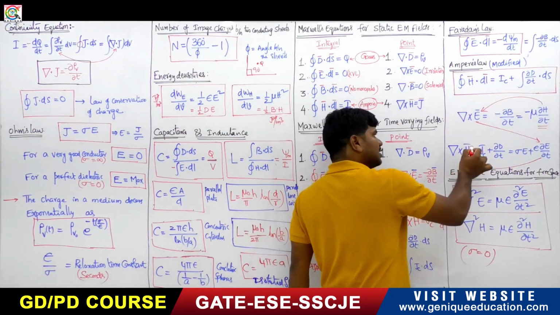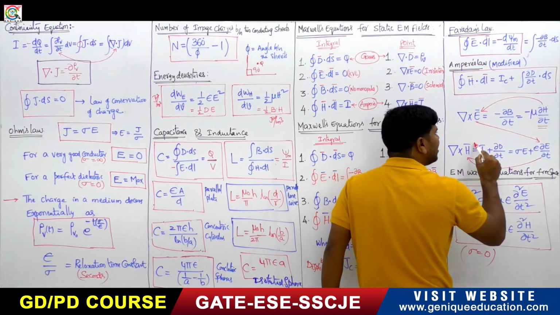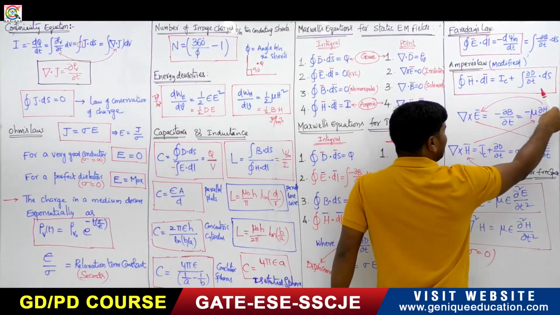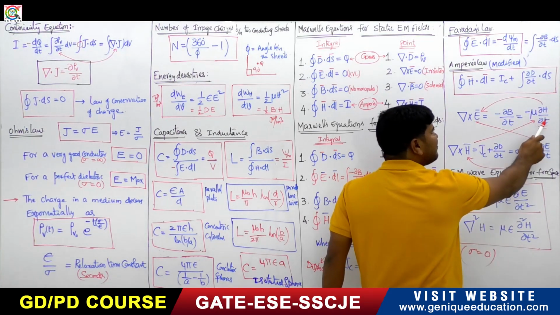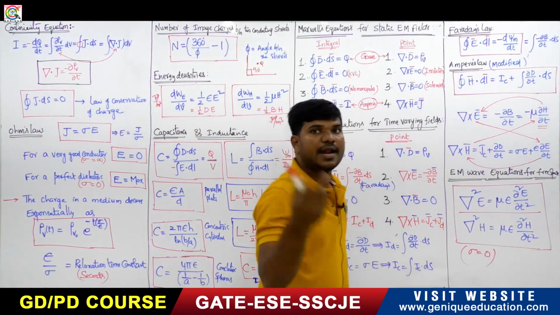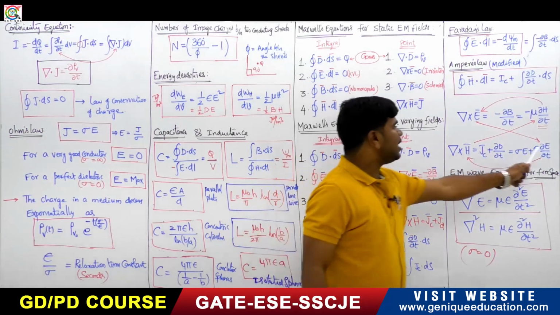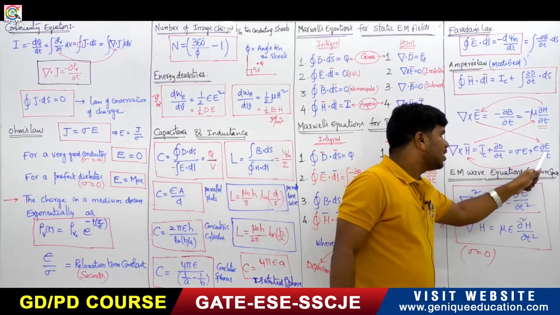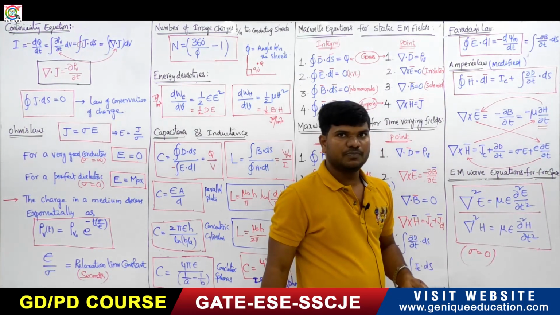If you vary this magnetic field with respect to time, again the time varying magnetic field produces an orthogonal space varying electric field. Similarly, if you vary the electric field with respect to time, we get an orthogonal space varying magnetic field.